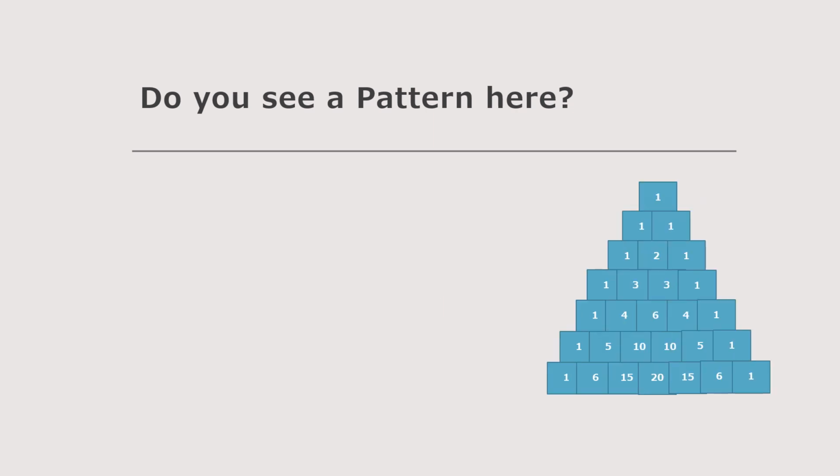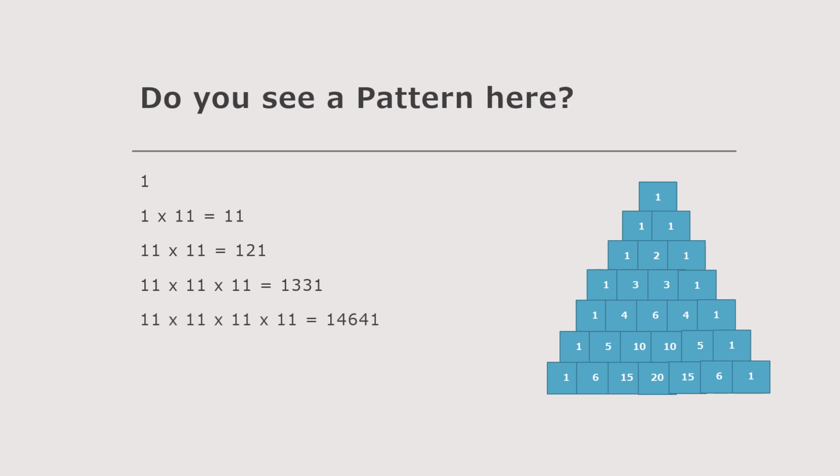And finally, I will just show one last pattern to end this lesson. 1 multiplied by 11, it is 11. Multiply that by 11, it is 121. Multiply that by 11 again, it is 1331. Another 11, 14641.